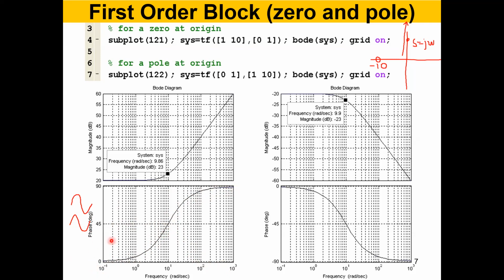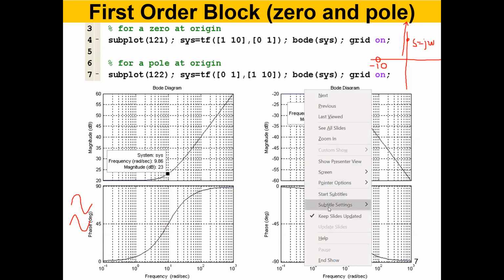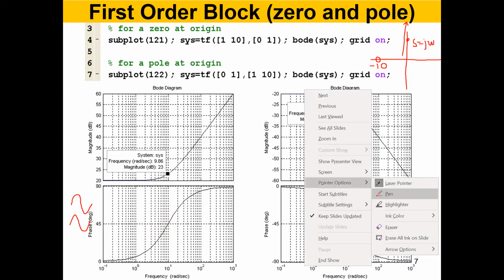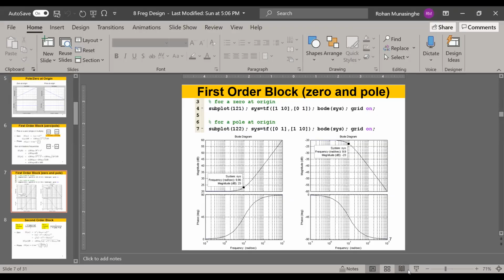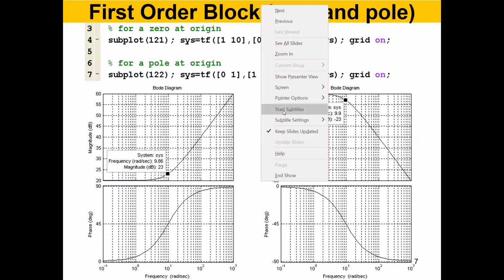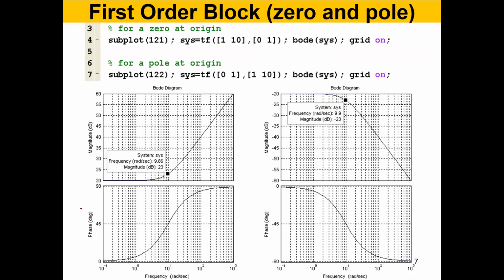So 90 degrees phase change means what? Right. So if this is the input for 0 phase change, this is in phase. There's no phase difference, right?